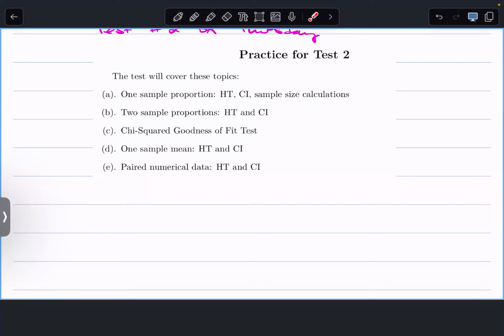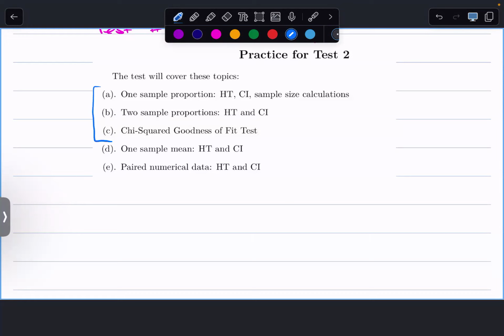Okay, and so I want to give you a little heads up here. I'm only going to do the categorical data questions for the long answer.